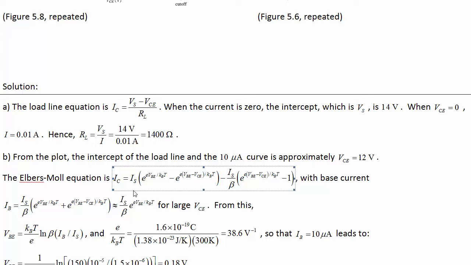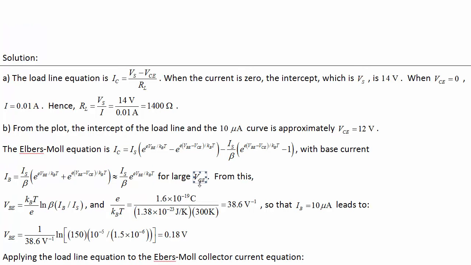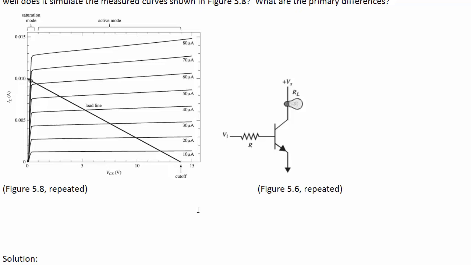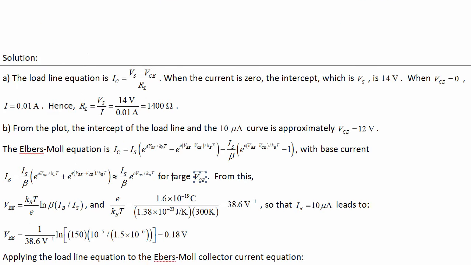Ebers-Moll is IC is equal to this combination of diodes, which for large VCE compared to VBE means that the reverse bias diodes we can just neglect from the equation and say, well, it's approximately IS over beta e to the q VBE divided by kBT. Let's check out what base voltage we get to see if that was justified, that our VCE, which we are guessing is pretty big, is going to be much larger than VBE.